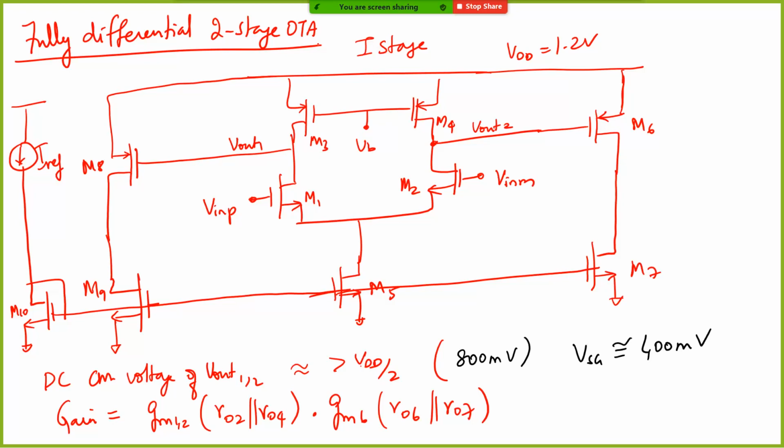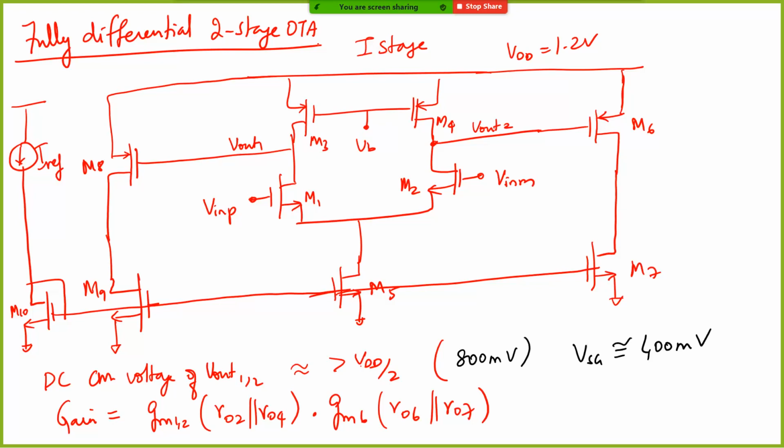And before we started the discussion on all these things, we also saw how mismatches, okay, if the assumption of symmetricity is lost, if transistors, let's say M1 and M2 are mismatched, or M3 and M4 are mismatched, you end up with a common mode to differential mode conversion, which impacts your CMRR, right? So mismatch of any sort is going to impact your CMRR, and your common mode performance is going to degrade because of that, right?